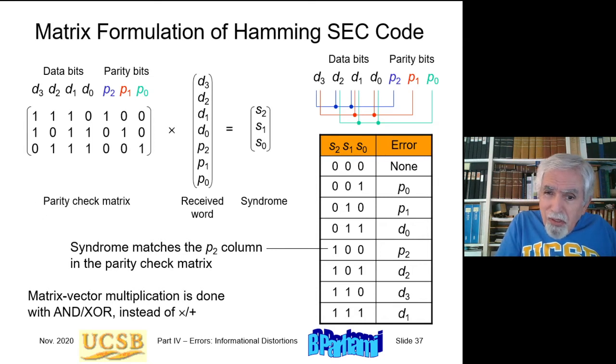So the column of that matrix that matches the syndrome pinpoints the erroneous bit. Remember, again, I repeat this, that matrix vector multiplication is done with AND and XOR rather than the standard matrix multiplication that we are used to, multiply and add. As I said, AND is the same as multiply, so you can say it's multiply and then modulo 2 add.